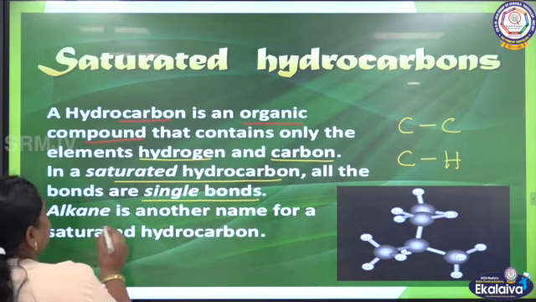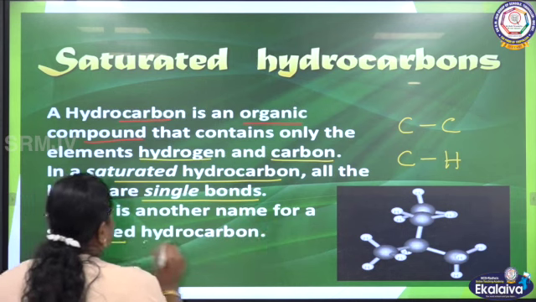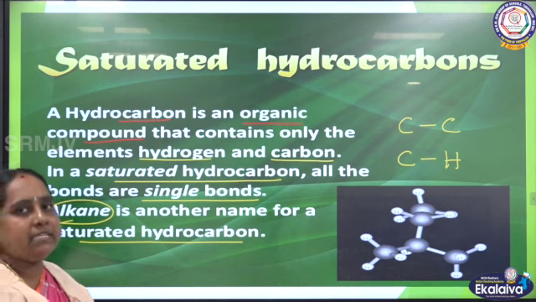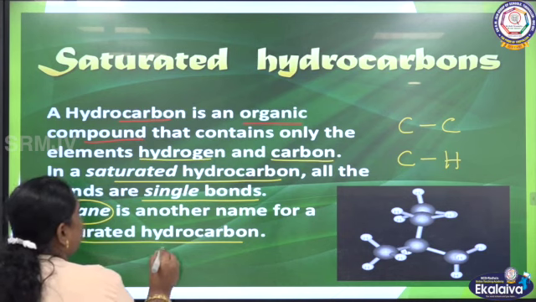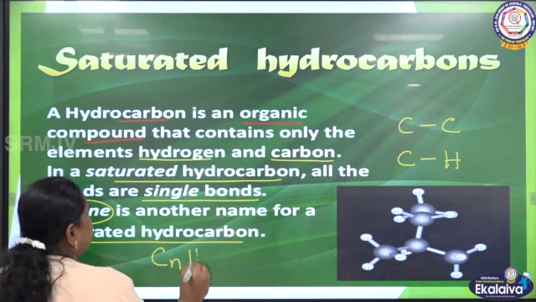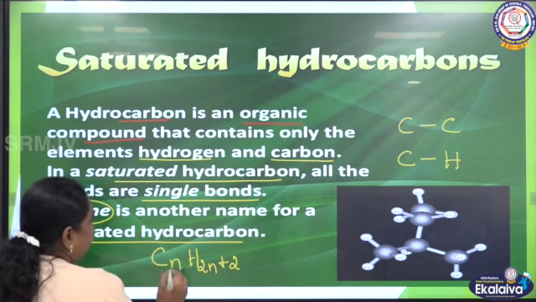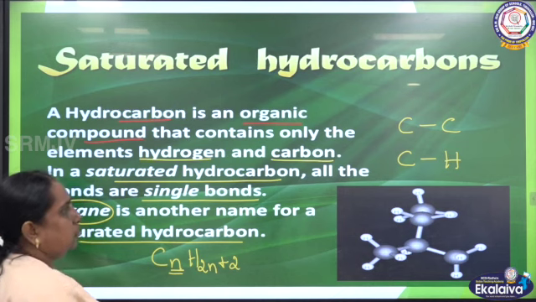Alkane is another name for the saturated hydrocarbon. So generally saturated hydrocarbons are named as alkanes, whose general formula is CnH2n+2, where n takes the integer values 1, 2, 3.